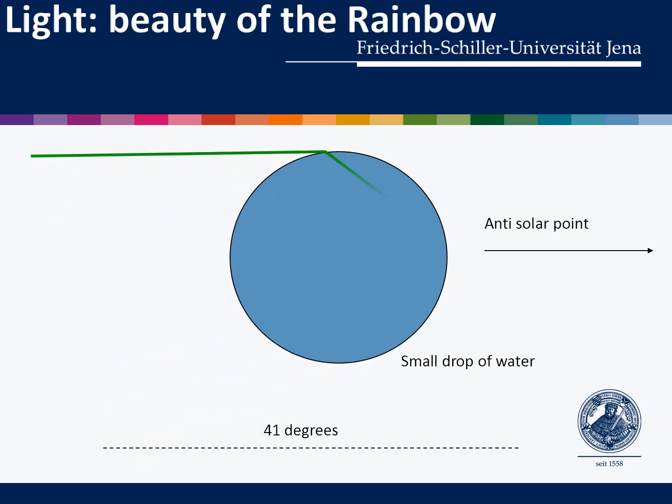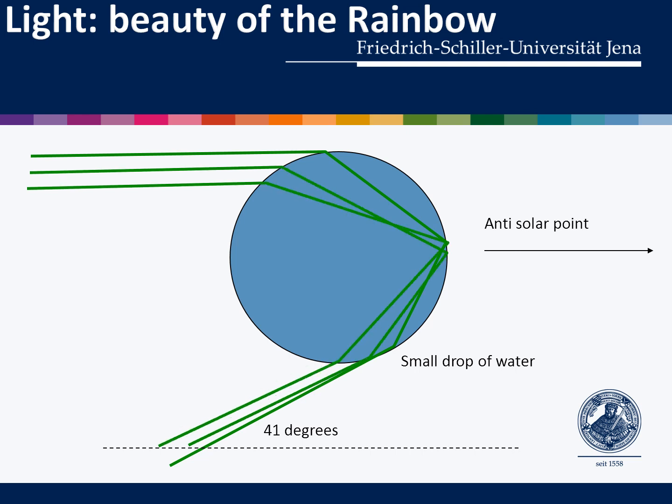If we now take a different color, green, you see that because of dispersion, that means the refractive index is dependent on the color of the light, we get a tiny little bit of a different angle. So instead of 42 degrees, it is 41 degrees near the extremum. And that, of course, is then the reason that we see different colors in different positions.